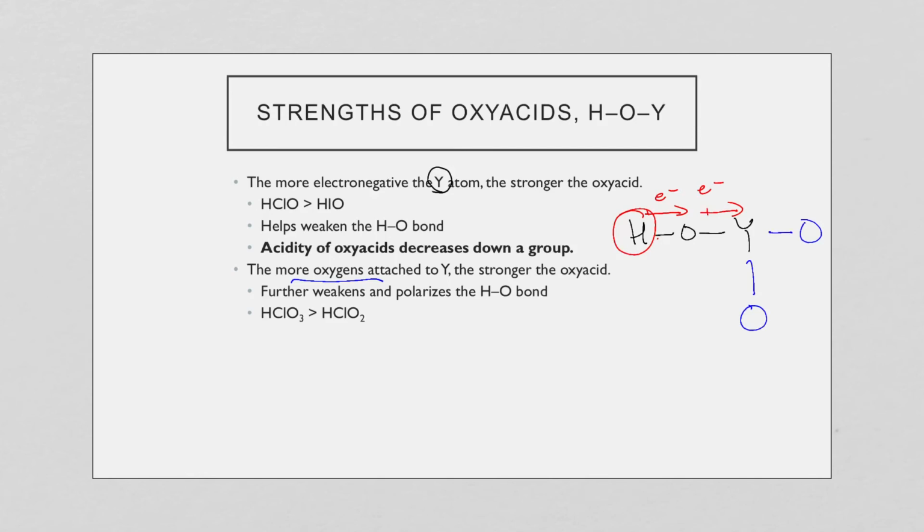And so all of these oxygens are going to pull electrons away from the hydrogen or hydrogens, and we start to make this a much weaker bond. We polarize this. And so if we have HClO4, perchloric acid is strong, versus HClO2, which is a weak acid. So the more oxygens on our oxyacids, the stronger they're going to be.